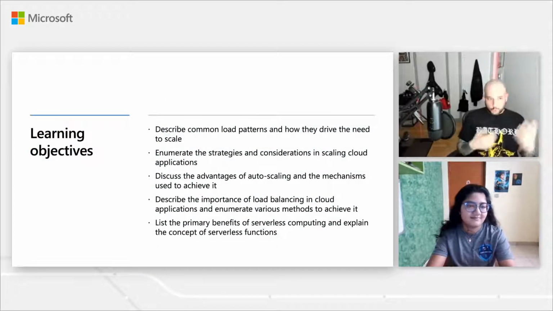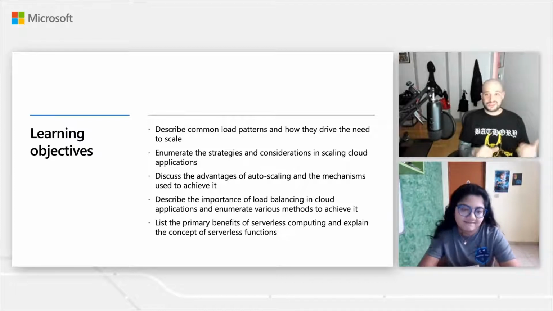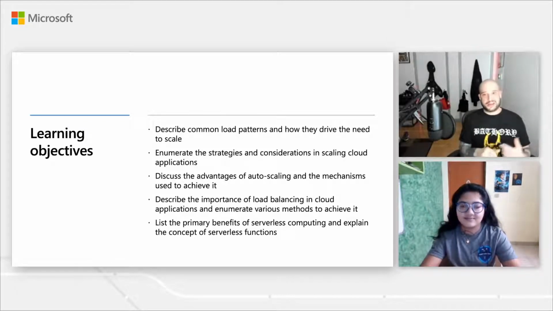So we're going to get started, and in order to get started, you're going to have to know a few prerequisites, like what cloud computing is, and you're going to have to understand how cloud services work, specifically cloud models like infrastructure as a service, platform as a service, and software as a service.